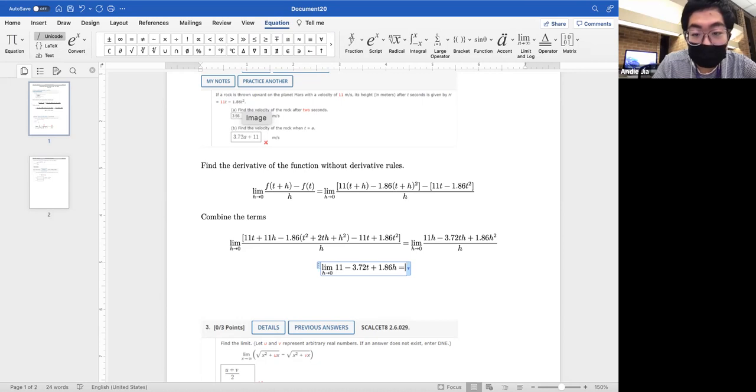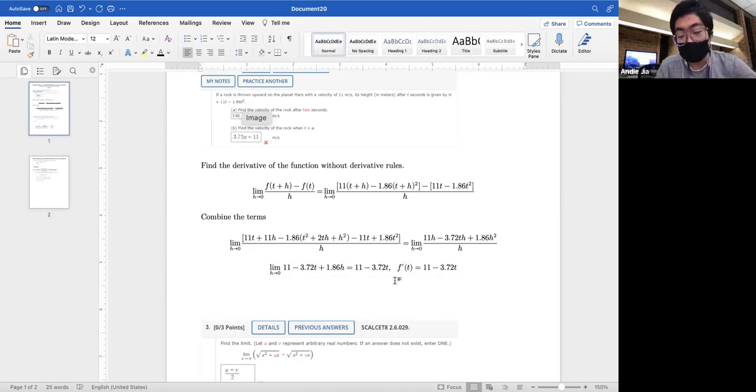Then what you have is 11 minus 3.72 t. Here is f prime of x, f prime of t: 11 minus 3.72 t. That's the derivative.